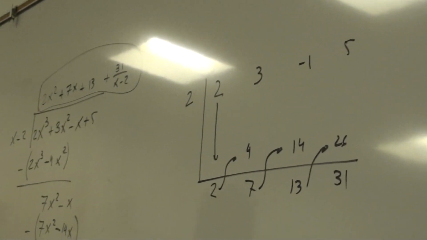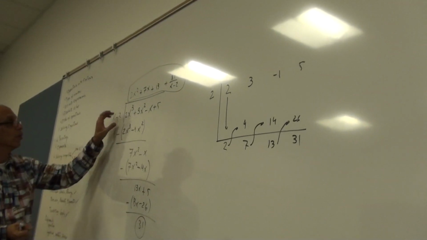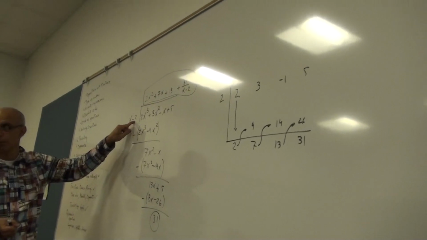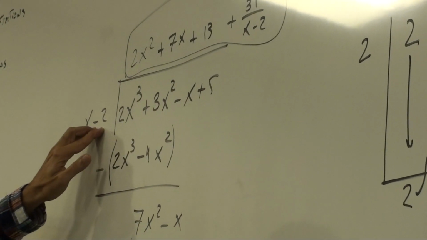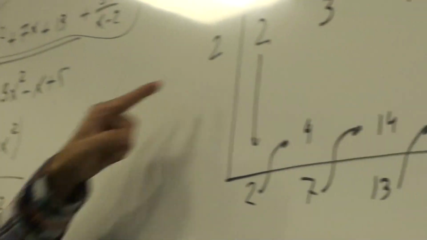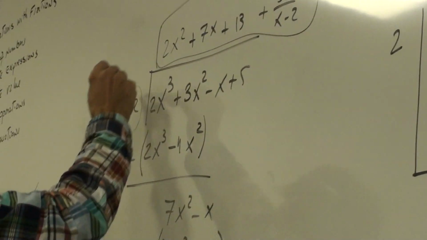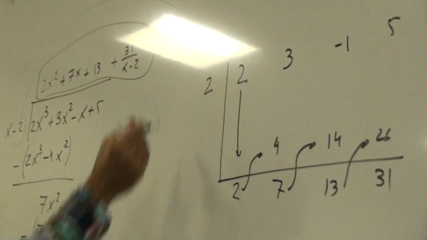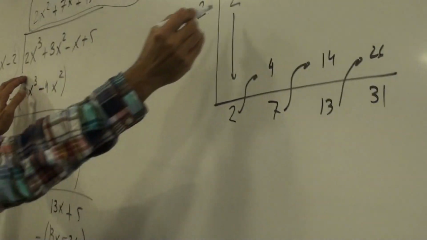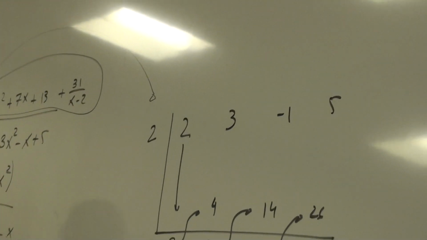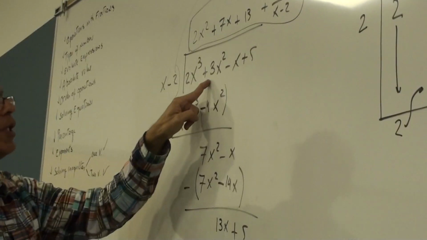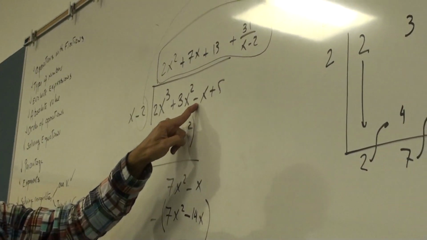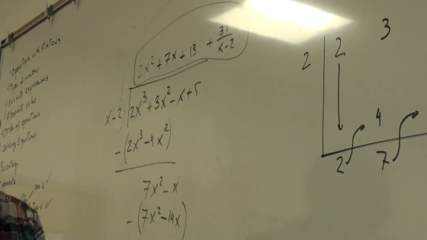All right? So, the strategy is this. You pick up this term, the last term, multiply times negative 1. So negative 2 times negative 1 is 2. You put that here, okay? Now, what are those values? Those are the coefficients of the polynomial that I want to divide. 2, 3, this one is negative 1, and then 5, okay?